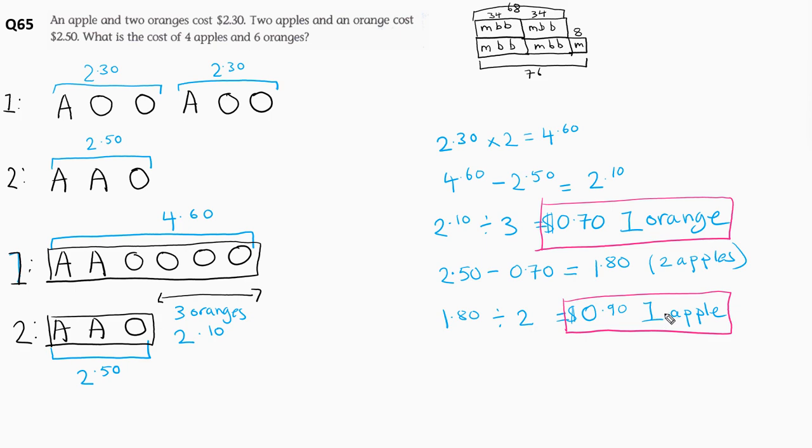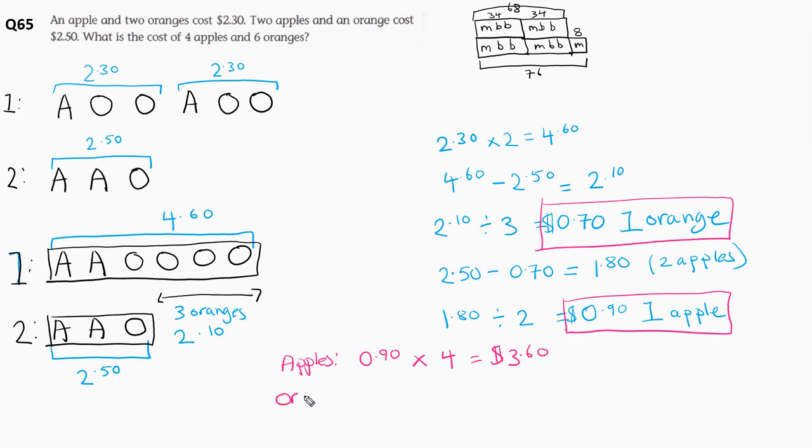So for the apples, we're going to do 0.90, or 90 cents, okay, times how many apples? 4. Okay, so that's going to be 360.